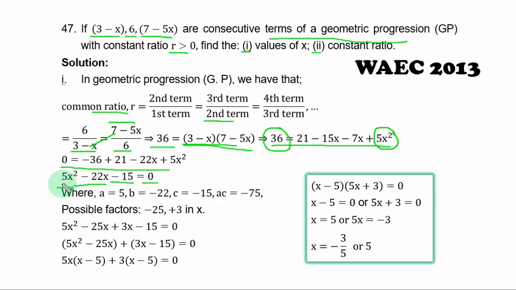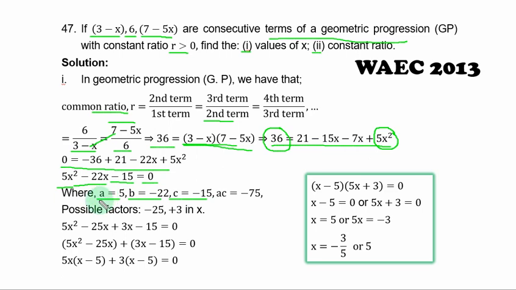If you compare this with the general quadratic equation a s squared plus b s plus c equal to 0, you will agree with me that the coefficient of s squared, a, is equal to 5, b is minus 22, c is minus 15.